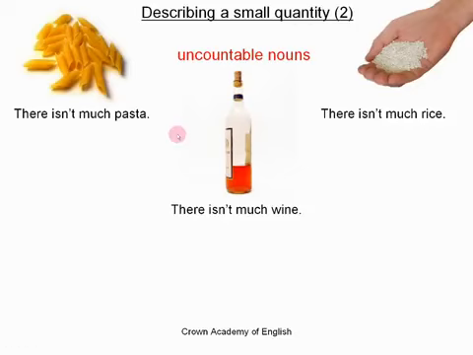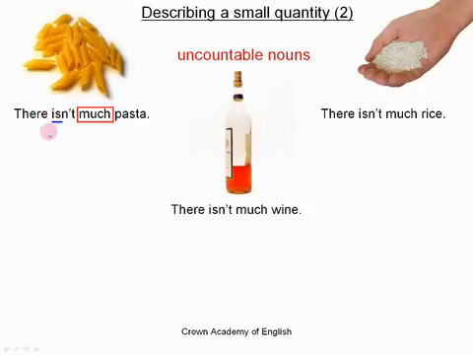And so when we are describing a small quantity of an uncountable noun in a negative sentence, then we use the word much. And since uncountable nouns are always in the singular, then the verb is always in the singular.